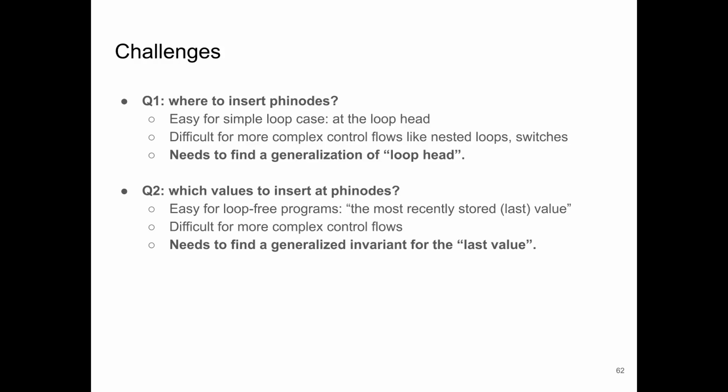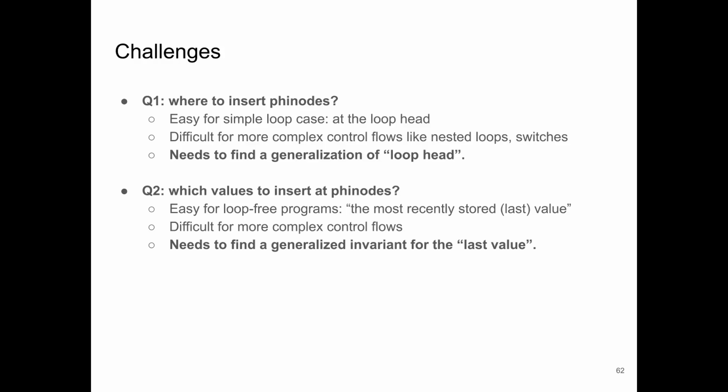More precisely, I have two challenges that I can imagine. The first question is: where should we insert phi nodes? In the previous loop example, it is very easy to see that the phi node should be inserted at the head of the loop, which is at the beginning of B1.